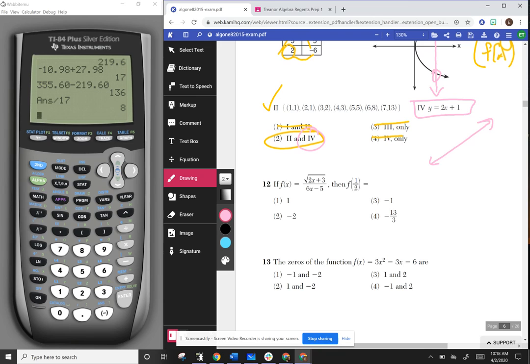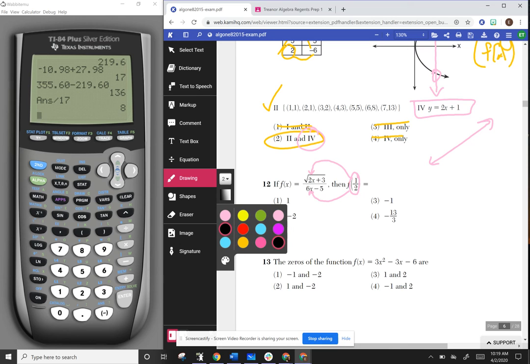If f of x equals the square root of 2x plus 3 divided by 6x minus 5, then what is the value of the function when the input is 1/2? So we know that the input is 1/2, meaning that we need to substitute that into these x's here.